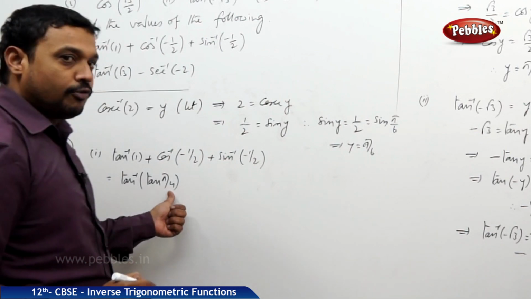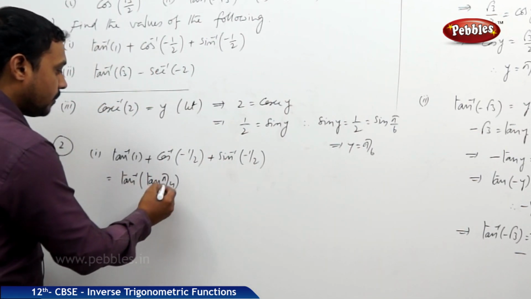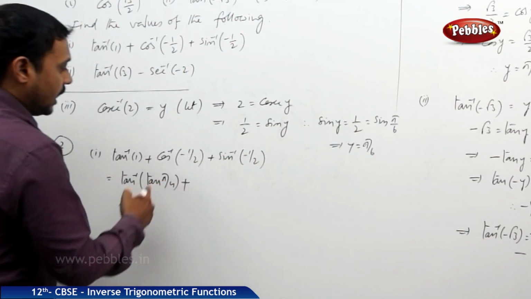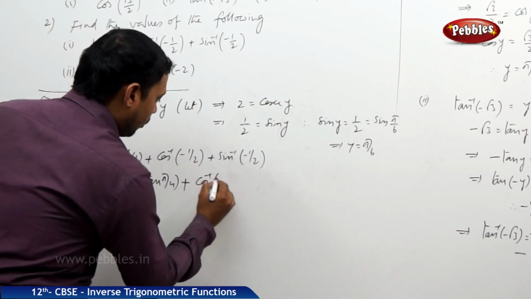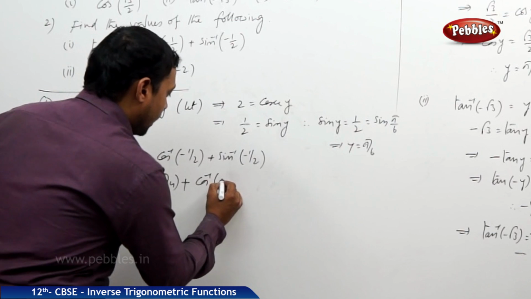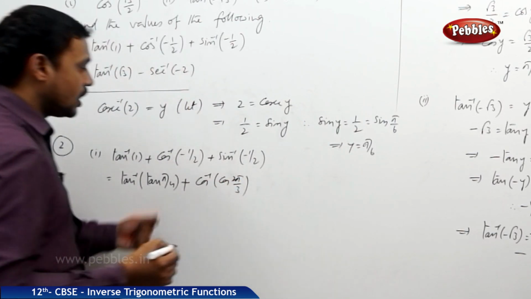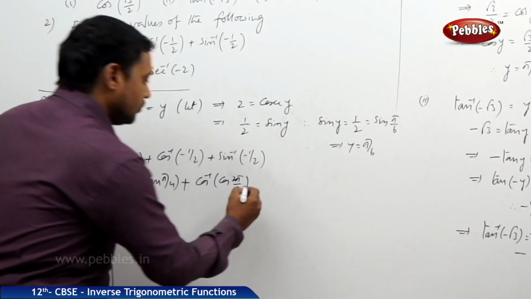Now since pi by 4 is in its principal domain, tan inverse of tan pi by 4 becomes equal to pi by 4. And cos inverse of minus 1 by 2: here I can take minus 1 by 2 as cos of 2 pi by 3. You know, cos 2 pi by 3 is equal to minus 1 by 2.